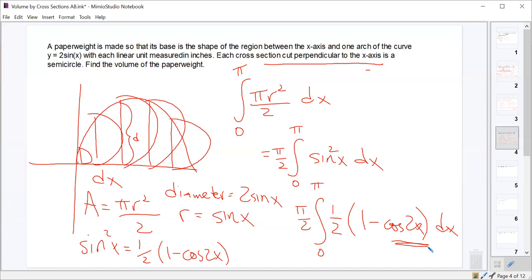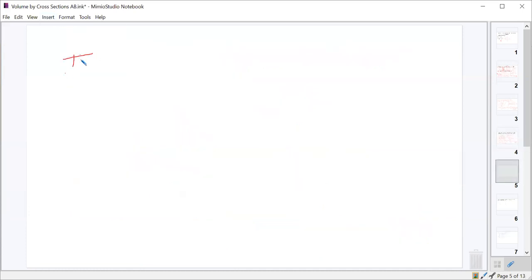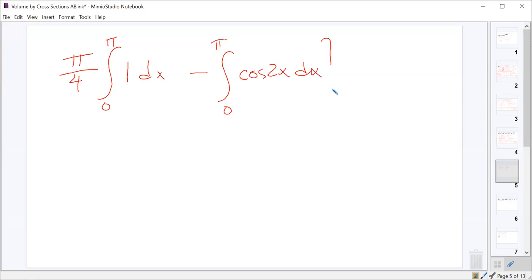So we're going to pull the 1/2 out to make it a pi over 4 times the integral from 0 to pi of 1, that's the first part of the integral, minus the integral from 0 to pi of cosine 2x dx. And remember that pi over 4 is being multiplied by the whole thing.